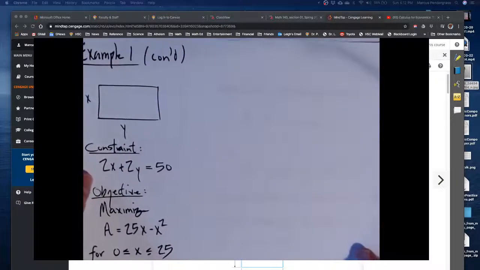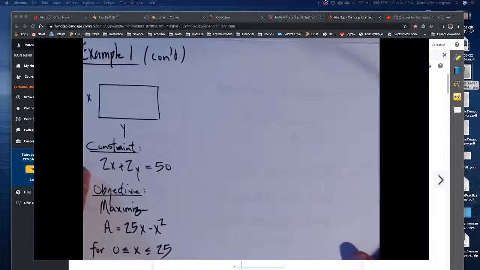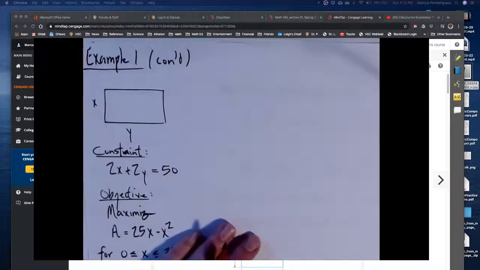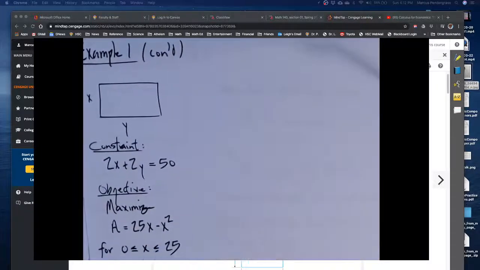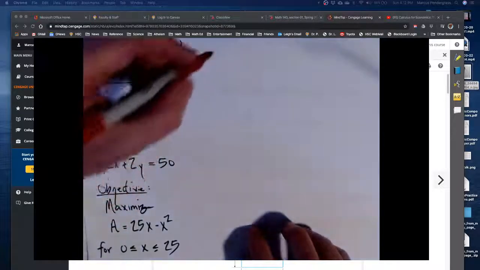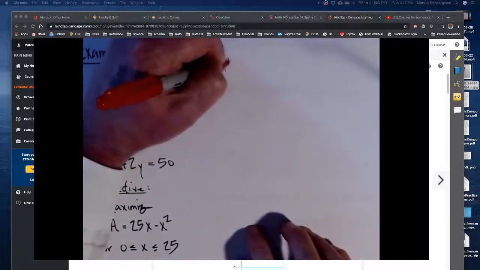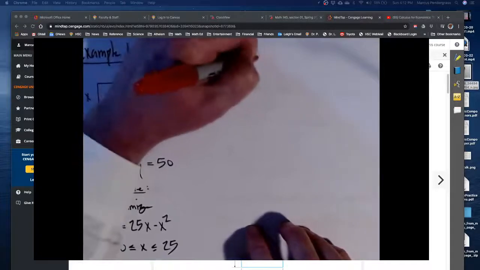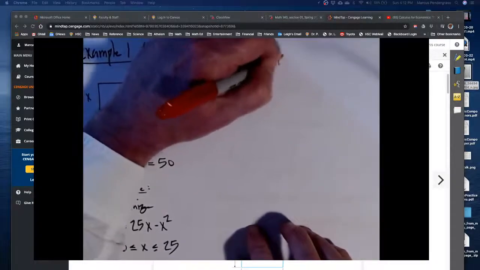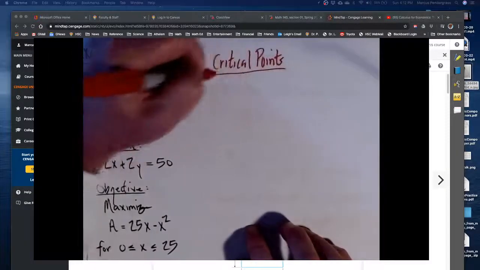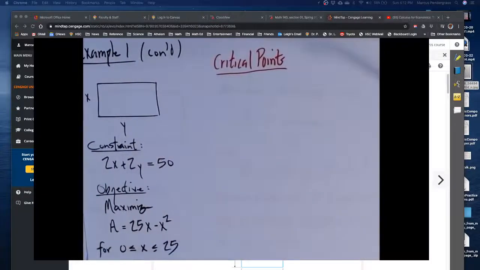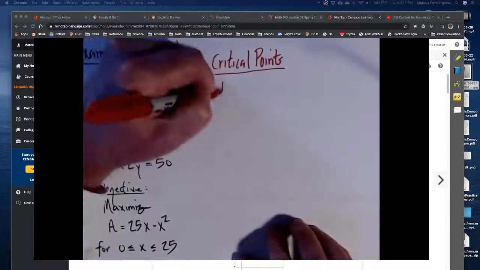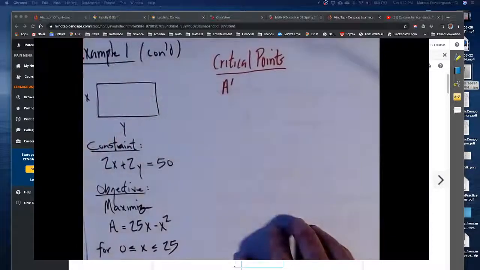And this now is going to go back to our first and second derivative tests. So here I've just written the problem over what we've discovered so far. And how would we do it? Well, remember, we need to find critical points first. The critical points of a function are the places where the derivative of the function is equal to 0 or undefined. So we need to look at the derivative, A prime.